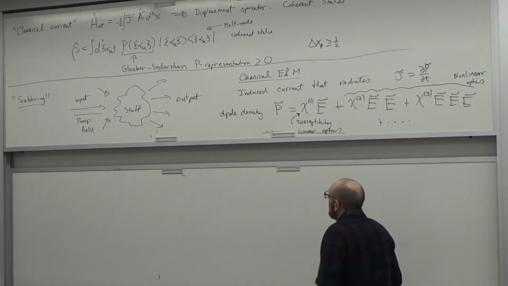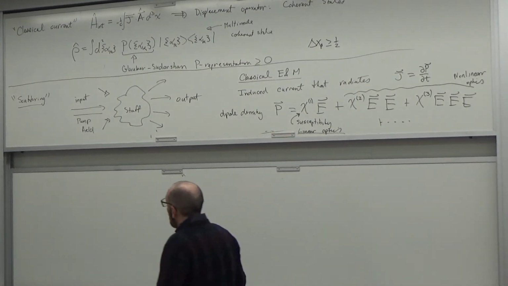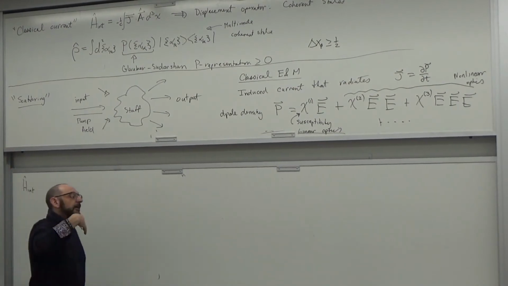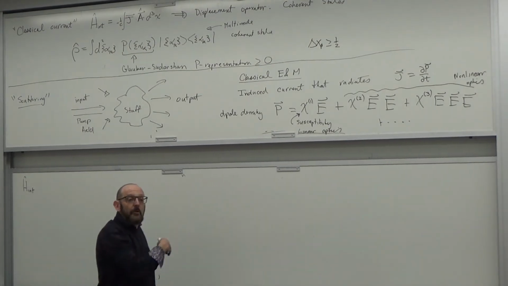So, if we go back now and think about our interaction Hamiltonian, as we have talked about in the past, we make the multipole expansion to take that current and look at the lowest order multipole, which would be the electric dipole.